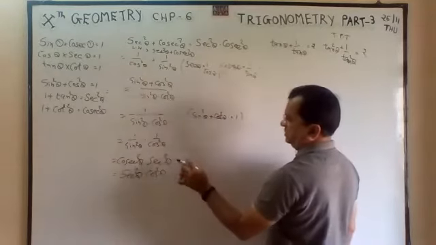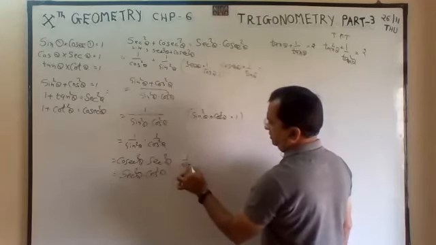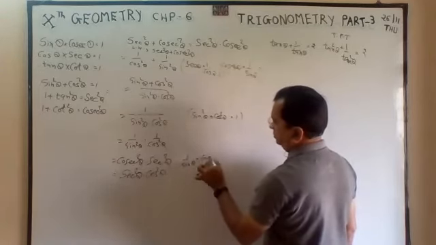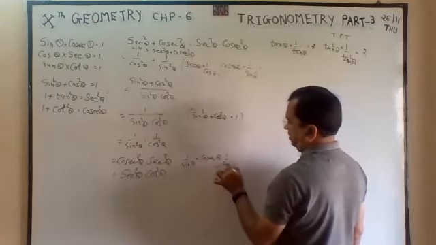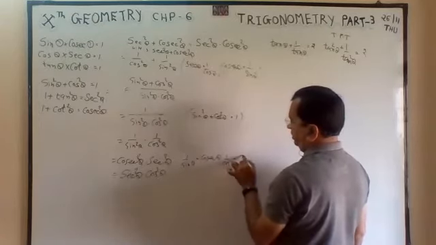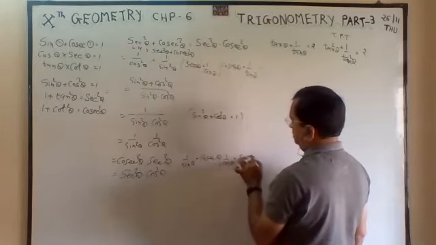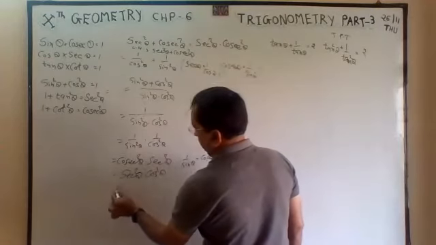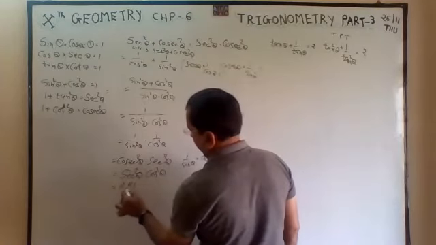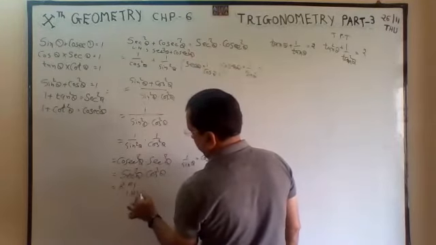This is simple. 1 by sine you have written cosec. 1 by cos you have written sec again. So LHS is equal to RHS.